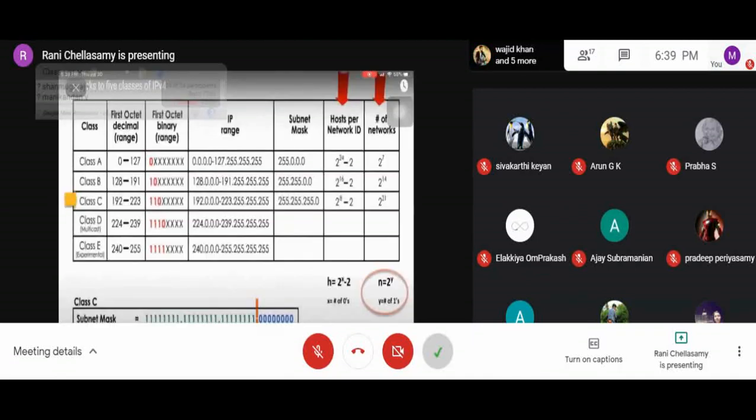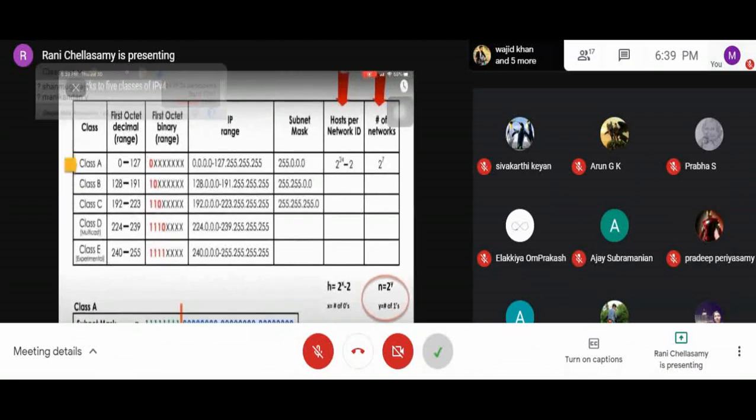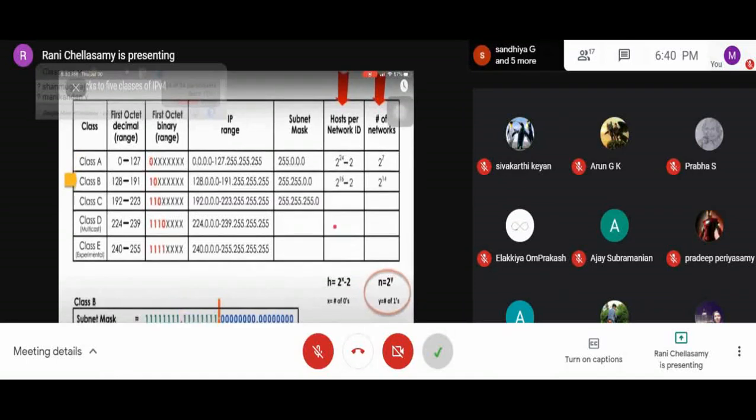Here you can see for the subnet mask, you have only 7 ones, because the 0 represents the default value, so leaving that, you have 7. Next, 2 power 14, next 2 power 21.